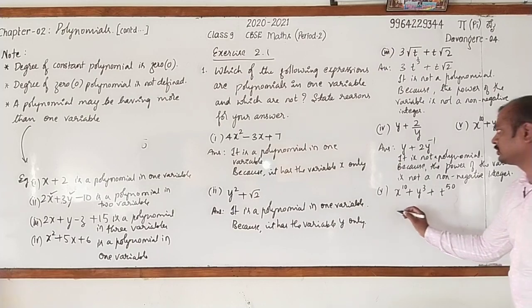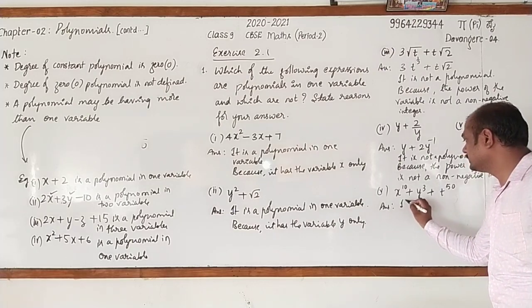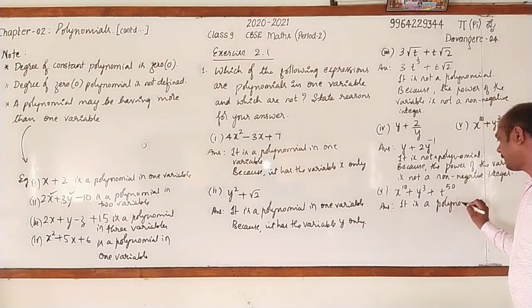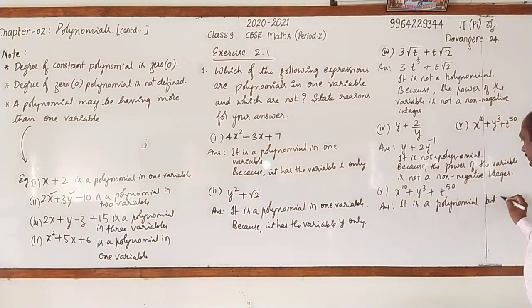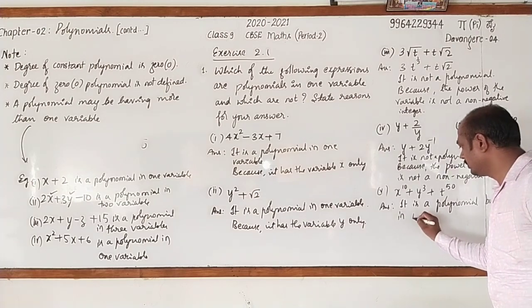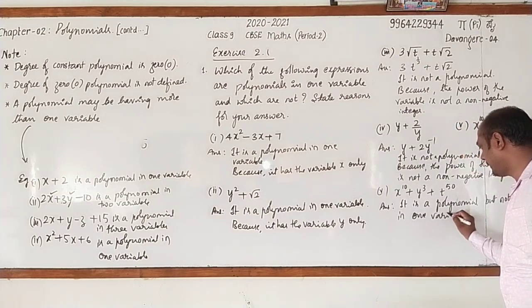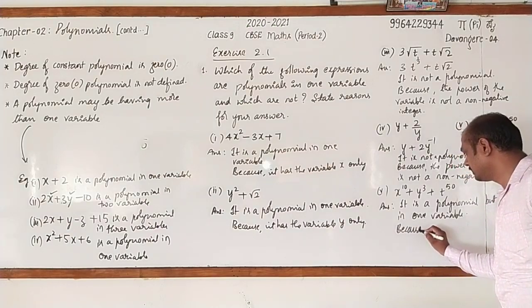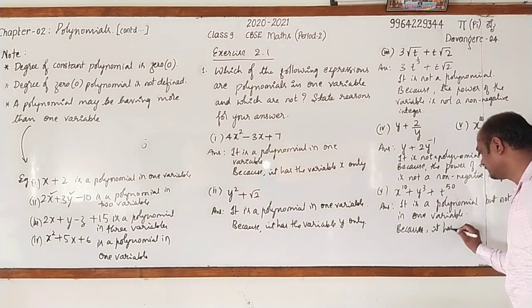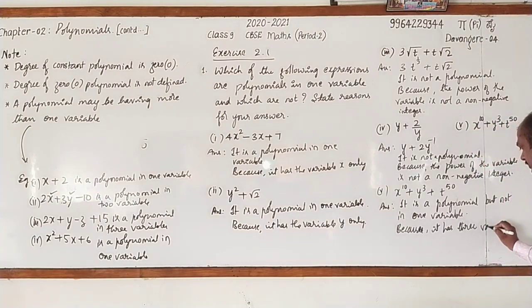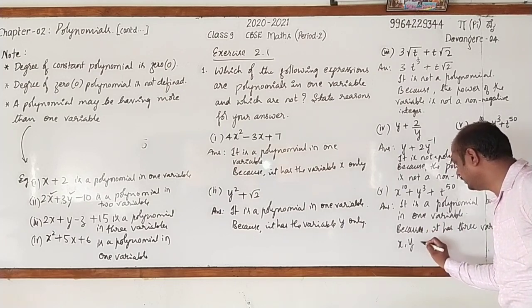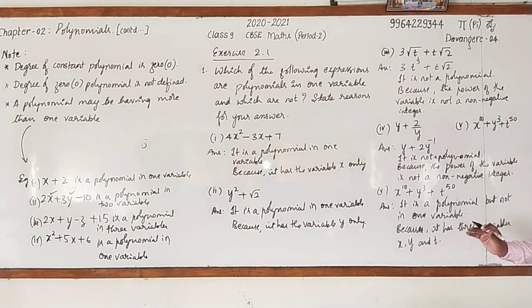So here I will write: it is a polynomial but not in one variable. What is the reason? Because it has three variables. What are those? They are x, y and t. Clear now? Hope that you have understood.